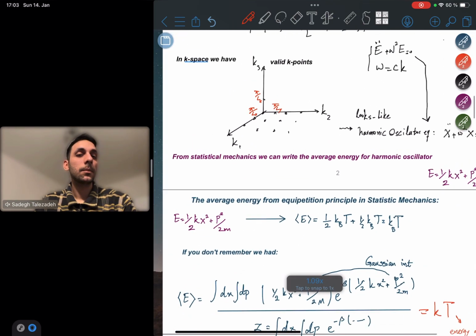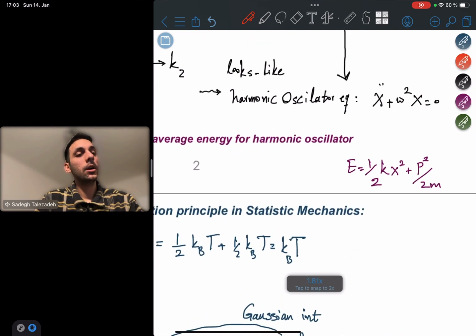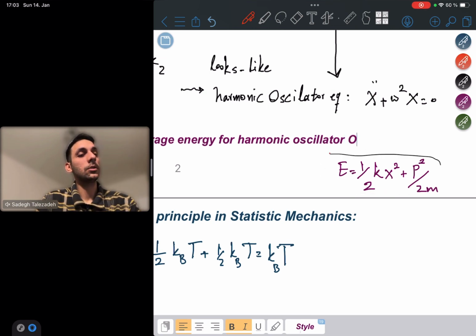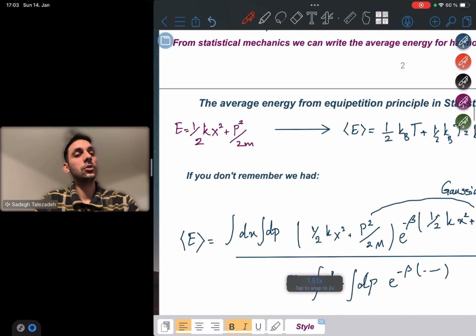And as you know from statistical mechanics, we can write the average energy for a harmonic oscillator. This is the average energy of harmonic oscillators, which is proportional to the square terms of each.